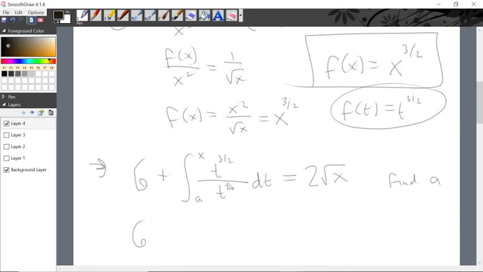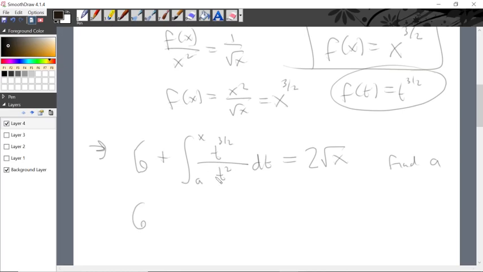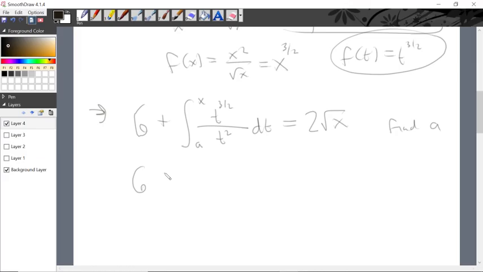In order to integrate this, I don't want to find the antiderivative of a quotient, so I would like to simplify this algebraically because we can. So we have the integral from a to x. t to the 3/2 over t squared is going to give us t to the negative 1/2, or 1 over root t. So I'm going to write it as t to the negative 1/2 dt, and that equals 2 root x.